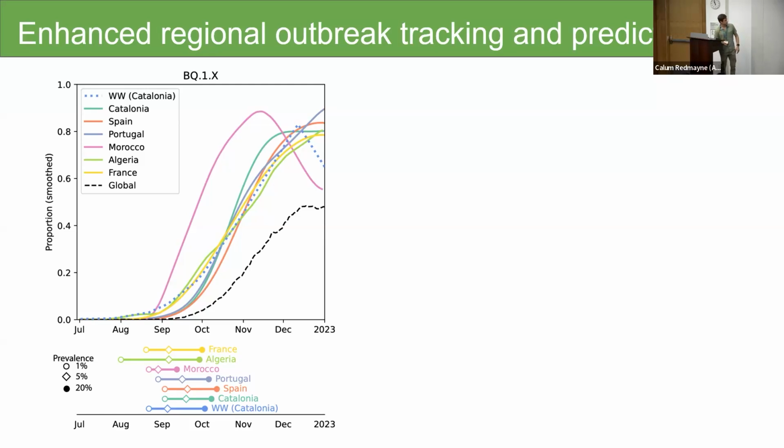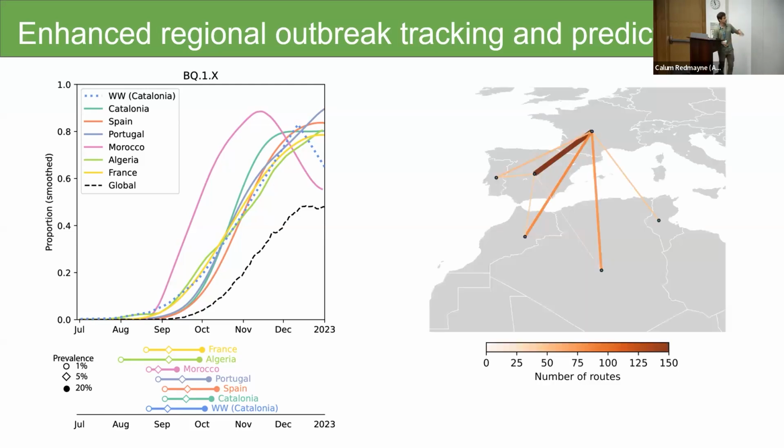And you can see on the bottom here that the wastewater picture, and this is looking through our Spanish Catalonian collaborator, picks up data in Spain about 10, 15 days ahead of clinical surveillance anywhere in Catalonia or in Spain. In fact, much earlier than a lot of other places in the region that are much more connected to Algeria. So if you actually look in mobility data, you can see that Algeria and Spain are not very connected.